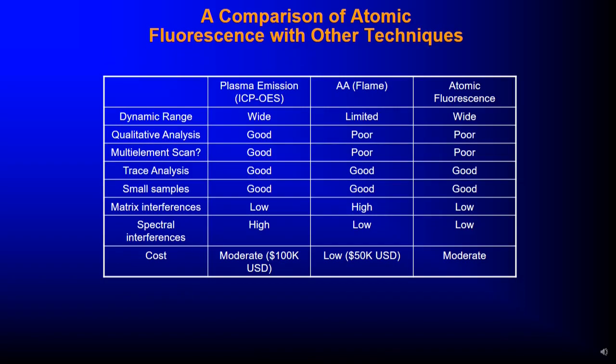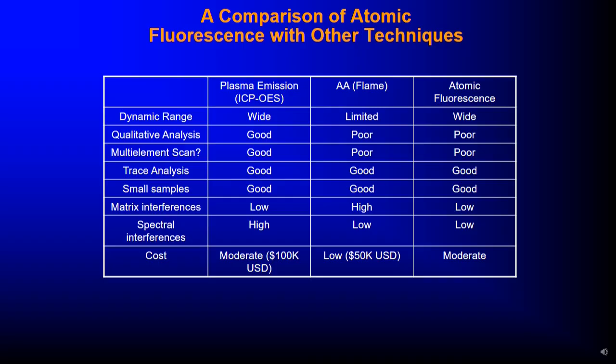So in comparison now, plasma emission, atomic absorption, and atomic fluorescence. Dynamic range is wide for ICP-OES, limited for AAS, and also wide for fluorescence. You know what dynamic range is.